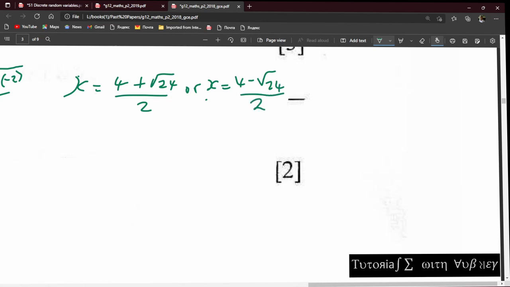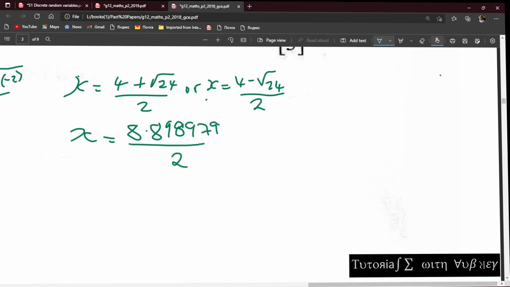So now what is root of 24? Use your calculator, 2.8988... sorry, 4.898 and so on. So it will give you that.